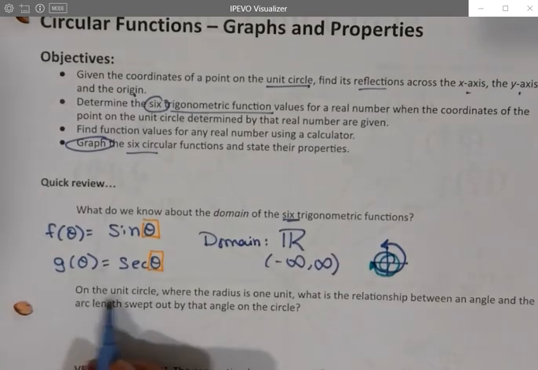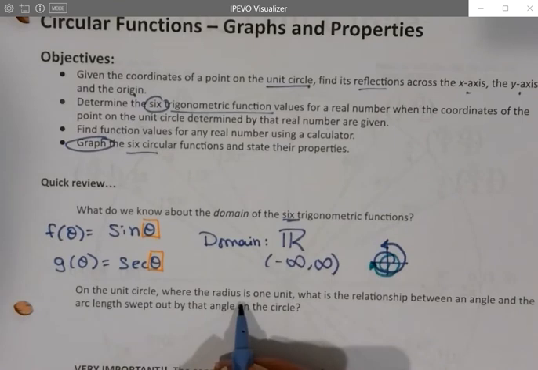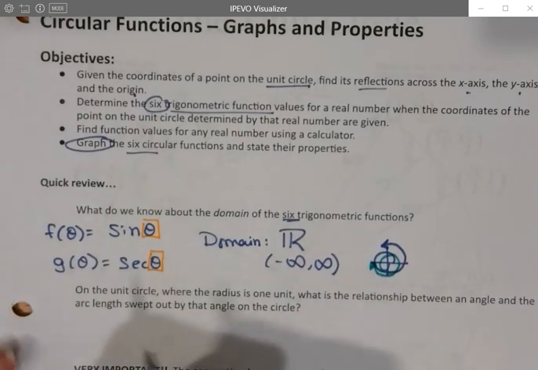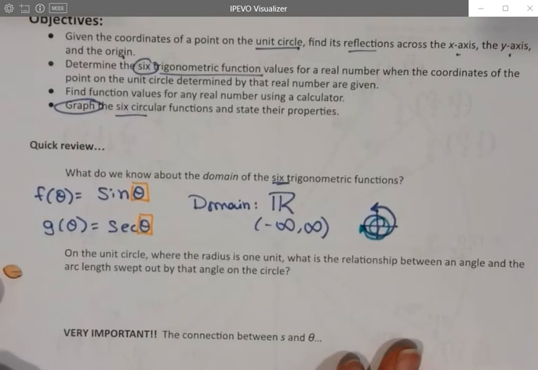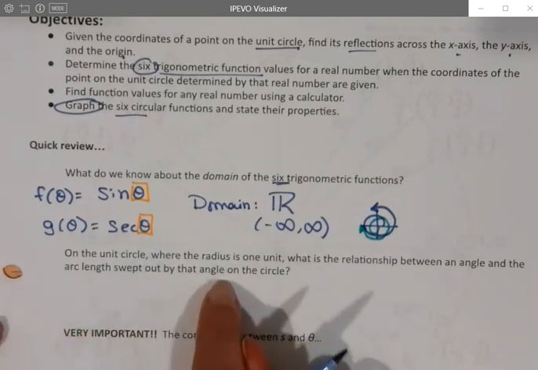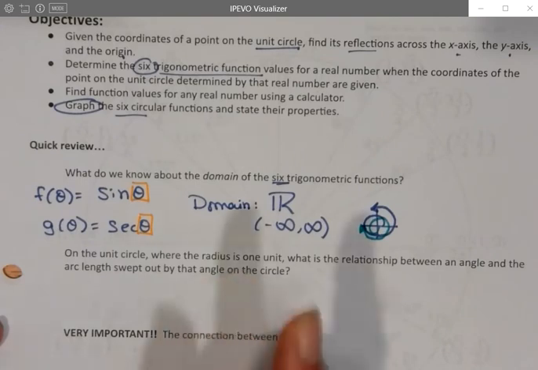Okay? So on the unit circle, where the radius is 1 unit, what is the relationship between an angle and the arc length swept out by that angle on a circle? Remember that if we're on the unit circle, the arc length is equal to the measure of the angle in radians.